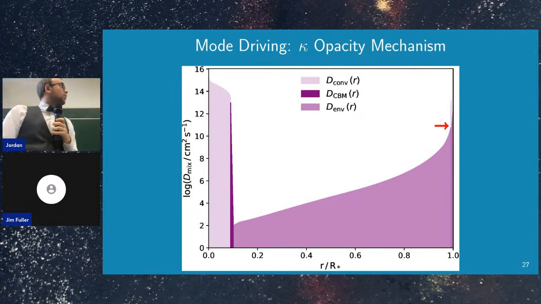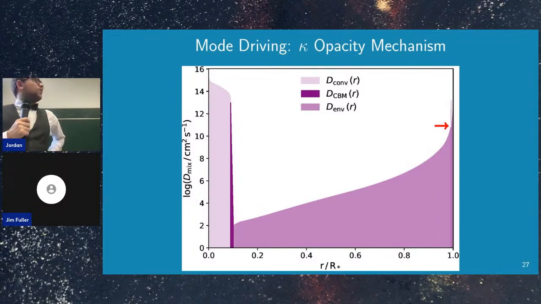Finally, we have one more tough part of the cookie in our appetizers. That is, how are these modes in fact excited? How do we have modes inside of these stars?